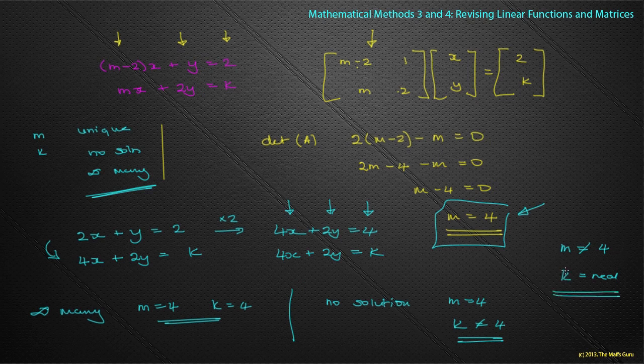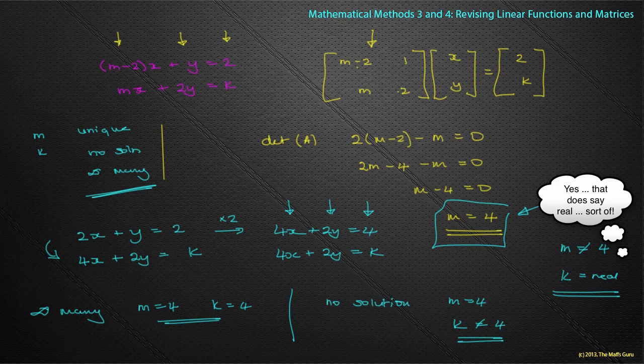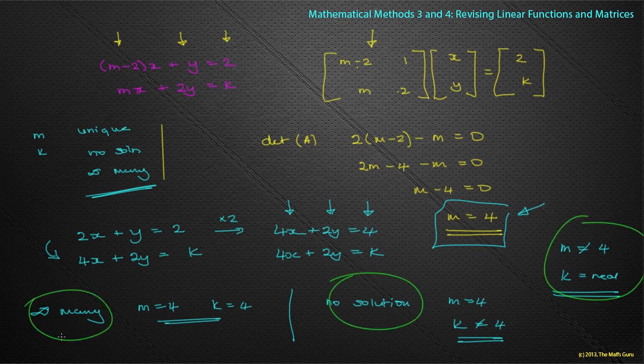And there we go. This is used ever such a lot in exam questions, the idea of no solutions, infinitely many solutions, and unique solutions. So just remember, you take your simultaneous equations, write them in matrix form, find the determinant, and this value here then helps you find out which are parallel, which are the same line, and which are unique.